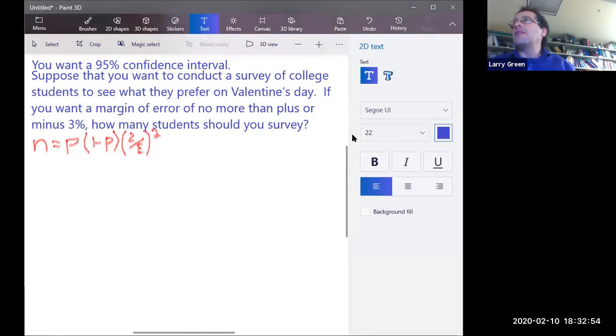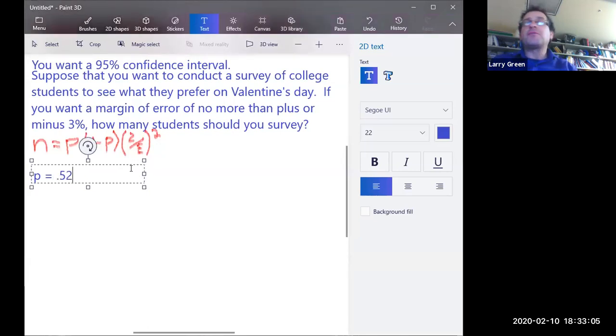So what we can say is that P is equal to, well, I'm going to use 0.52. That's my best guess because that's what they got for America. So let's use that. Sound good? 1 minus P is equal to 0.48.